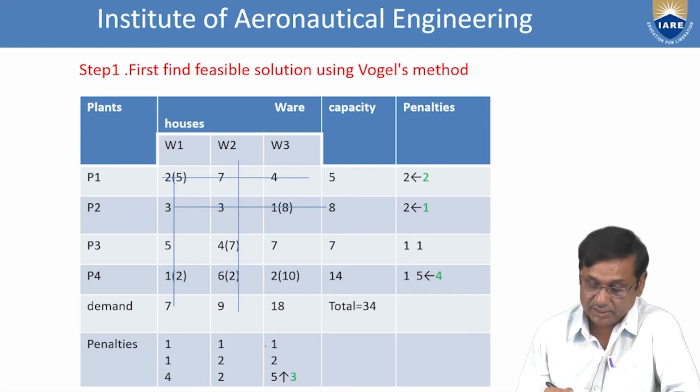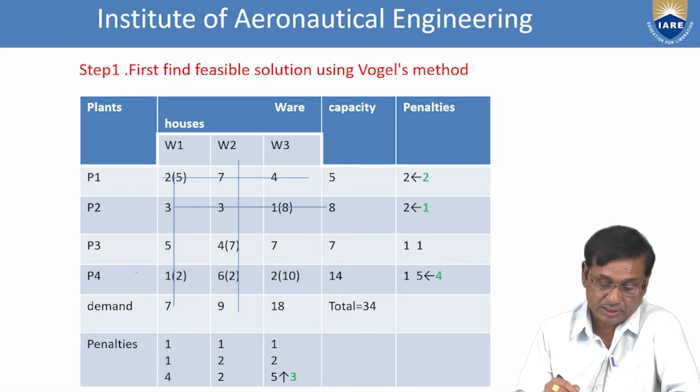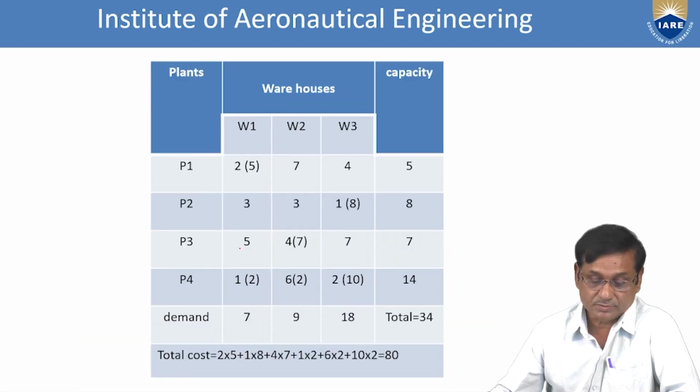Again find out the penalties in the row side. Now the penalties are 4, 2 and 5. So now select the highest penalty and assign maximum number of units. So 2 is the lowest element, you can assign 10. So the remaining elements are allotted to the leftover cells.